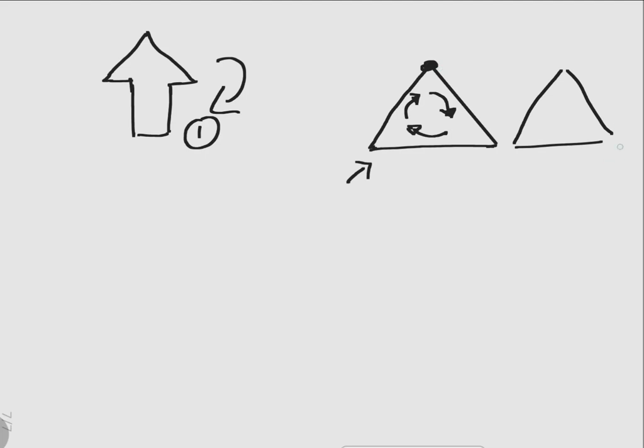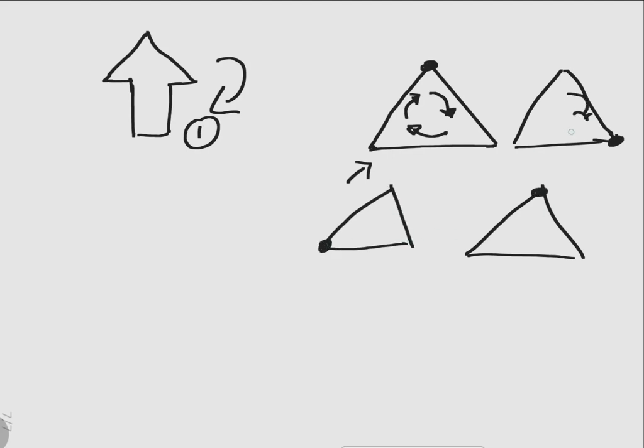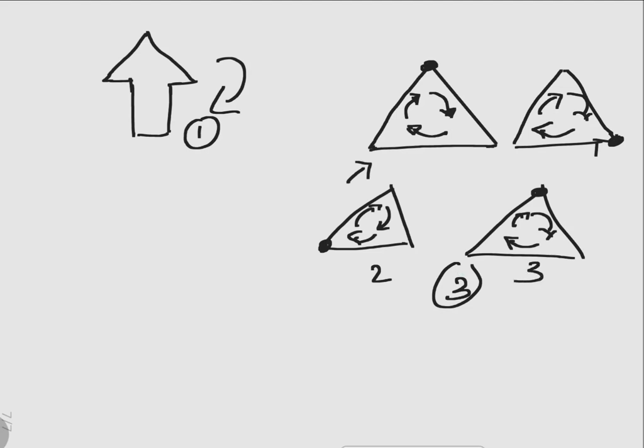If I rotate this by 120 degrees, it will come like this again, and if I rotate it again, this would come here and this would come here. Still the inside arrows would look the same way, isn't it? So the order of symmetry for this is 3, because we have 1, 2, and 3 similar shapes to that of the original one.